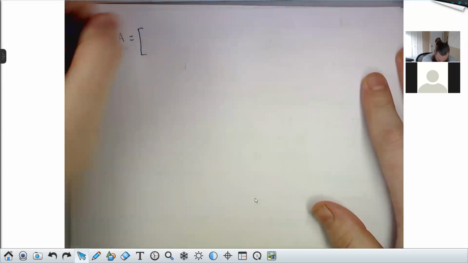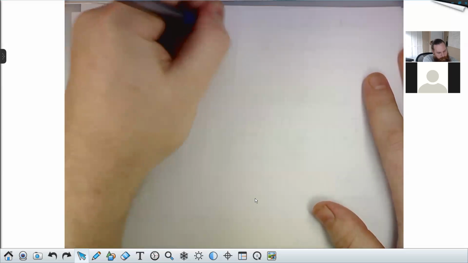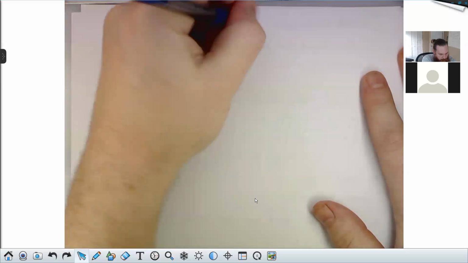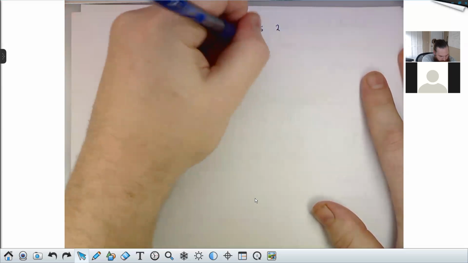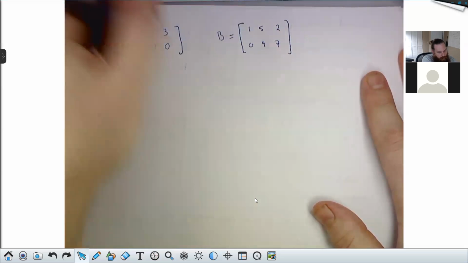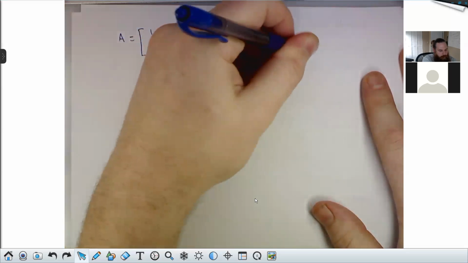If A is the matrix 1, 3, -1, 0, and B is the matrix 1, 5, 2, 0, 4, 7, then A is a 2x2 and B is a 2x3.